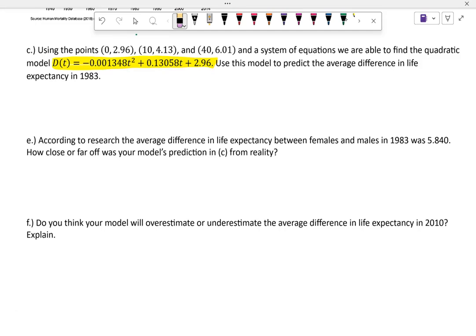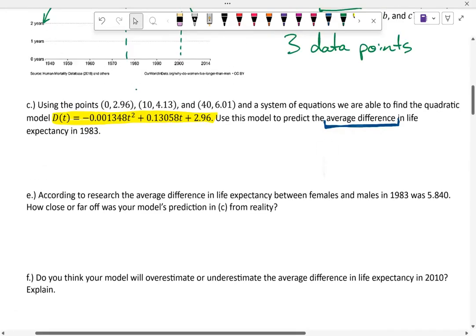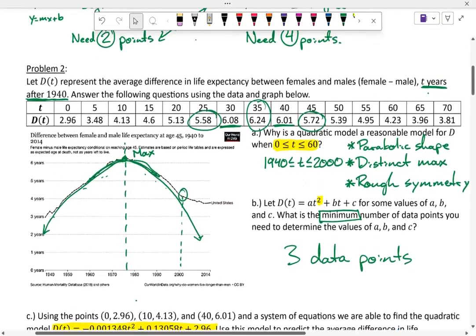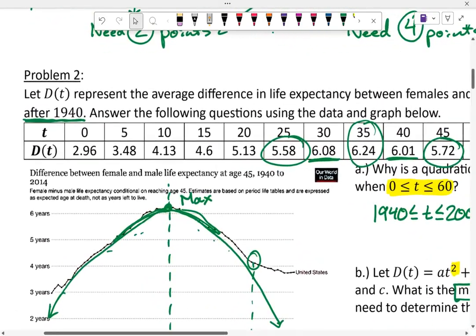So it says use this model to predict the average difference in life expectancy in 1983. Well, first off, it says average difference. What is average difference? Let's go back up to the top. What does it say d of t represents?